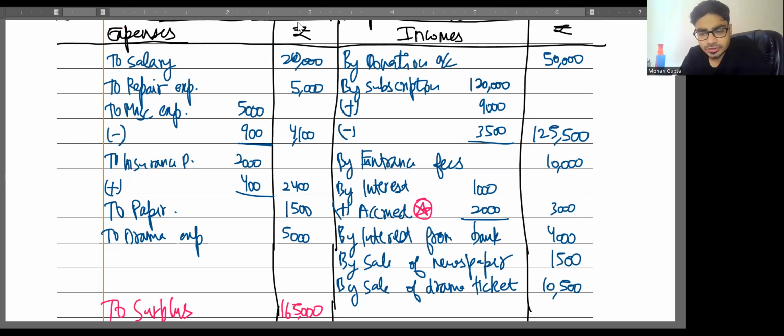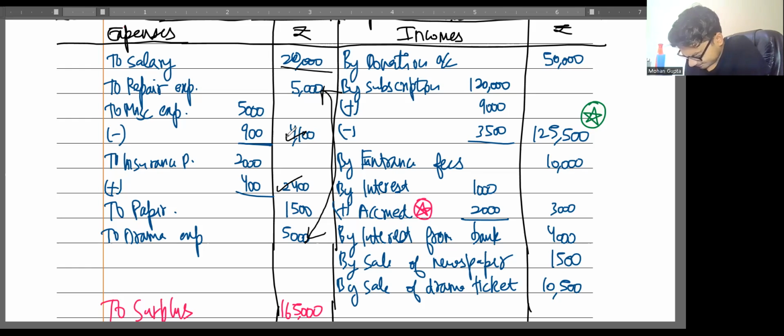Just check this calculation. Which one? So there must be a calculation error. 20, then 30, then... It's correct. 36,500, 36,500.